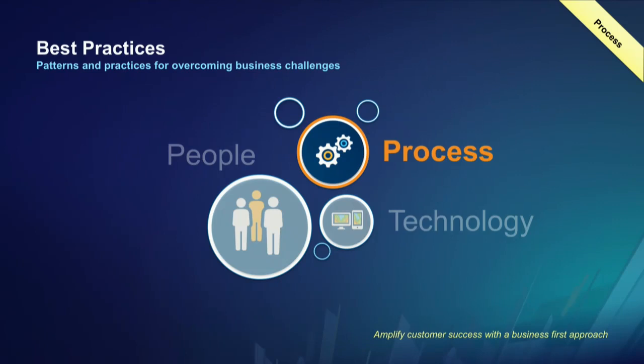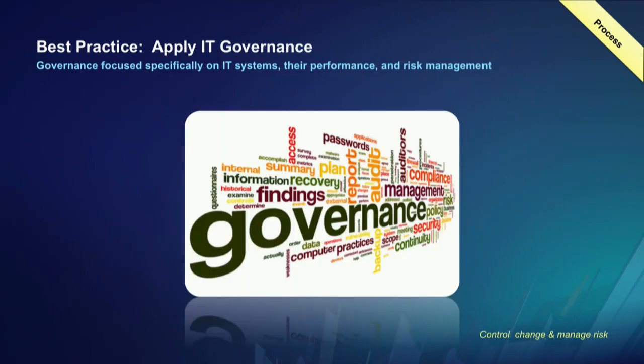The following best practices will be much more related to process. Apply IT governance. IT governance is a subset of a greater corporate governance framework that probably exists in your organizations today. IT governance is focused on IT systems, their performance, and risk management.